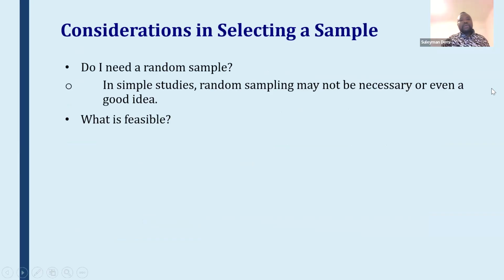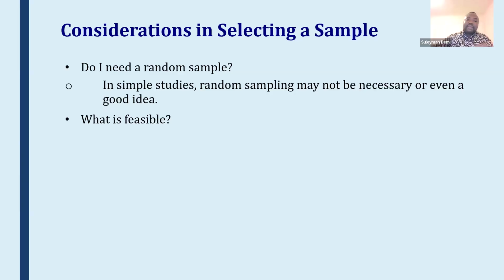Considerations in selecting a sample: what do we consider in selecting a sample? First, you want to decide whether you need random sampling. So what factors will help you to determine whether you need random or non-random sampling?